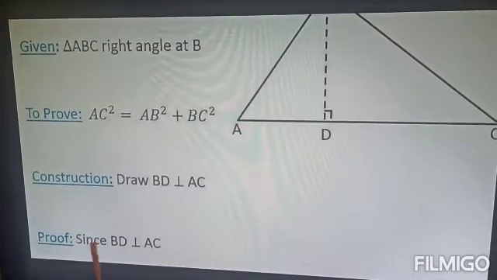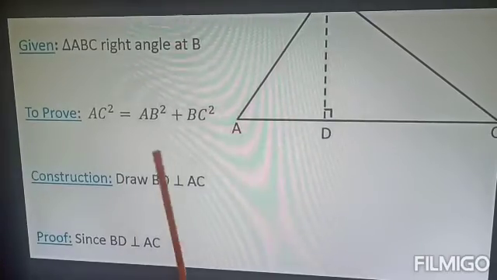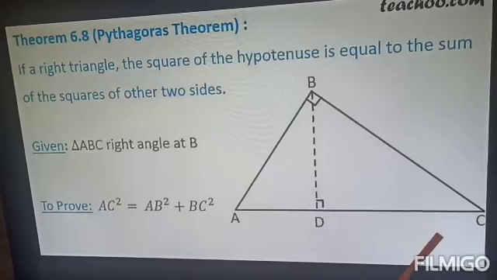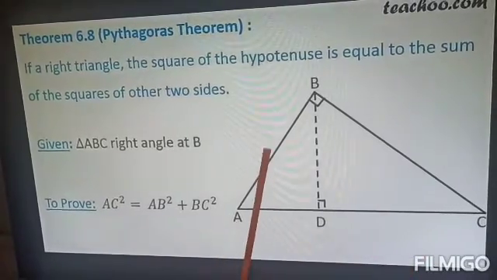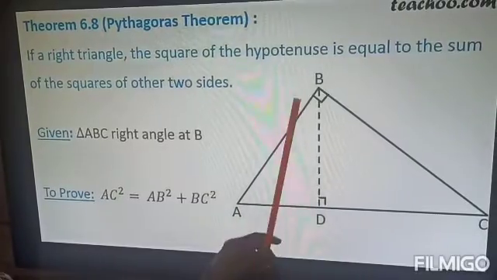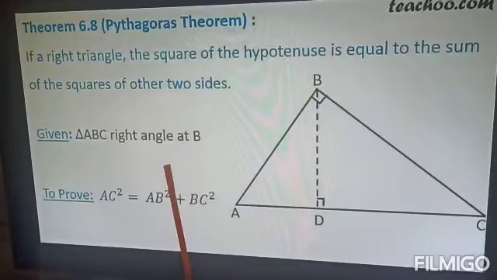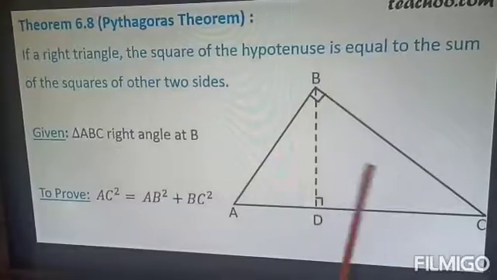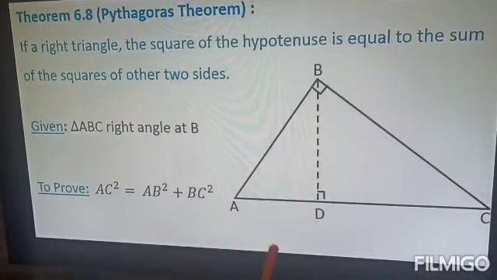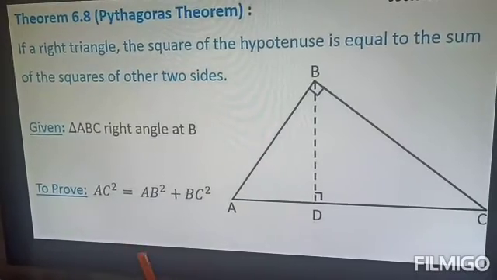Since BD is perpendicular to AC, we got another two right angles. See, ADB is one right angle, and BDC is one right angle. Then the given ABC is the first right angle.